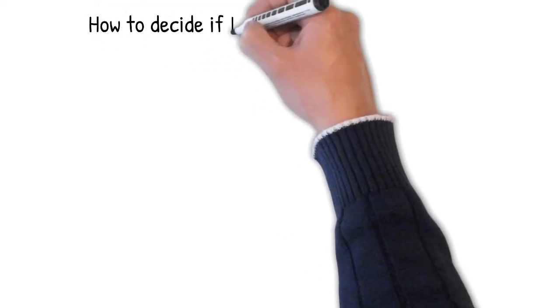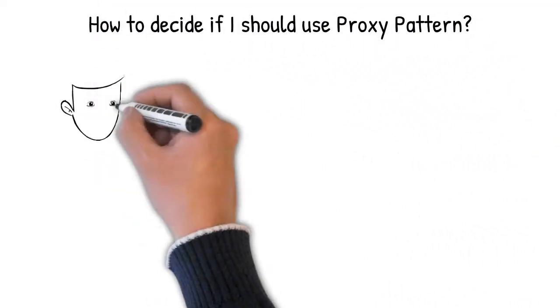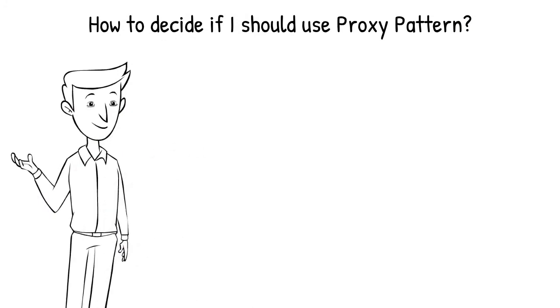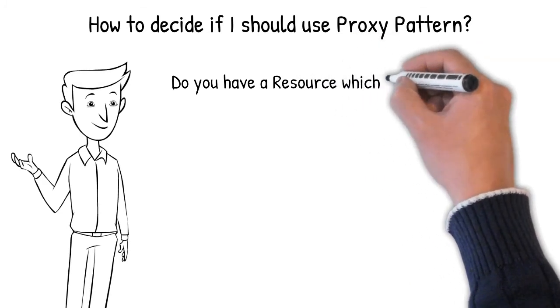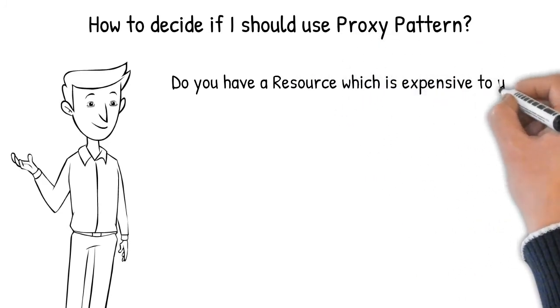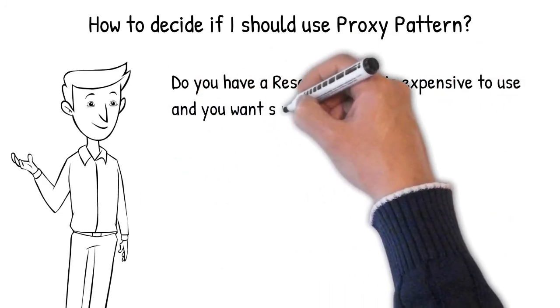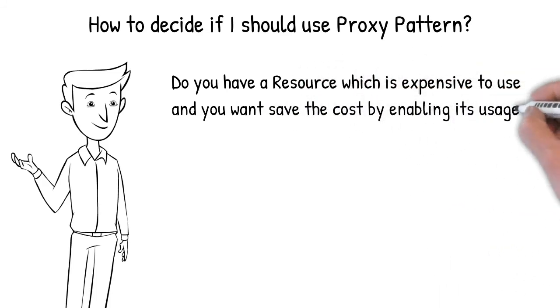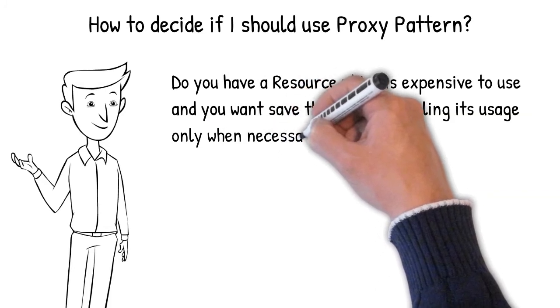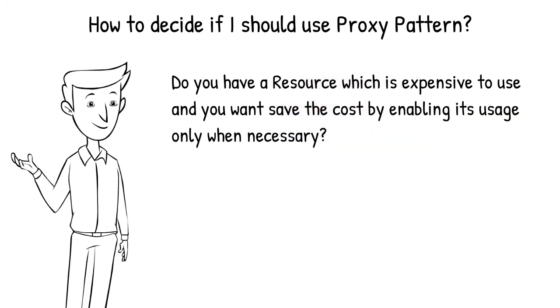With all this understanding so far, if you still have a question that when should I use proxy pattern, you should ask these two questions to yourself. First one, do you have a use case where you need to consume an expensive resource and you want to save the cost of the consumption by enabling its usage only when necessary?